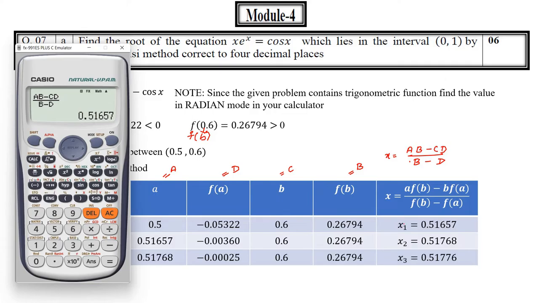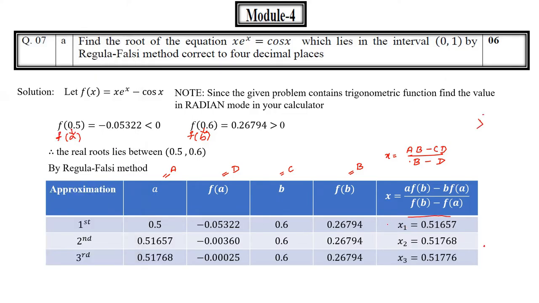This value is called the first approximation. Now I need to find the second approximation. To find it, I again need the a value and the b value, so I should substitute this x1 value into the given function.